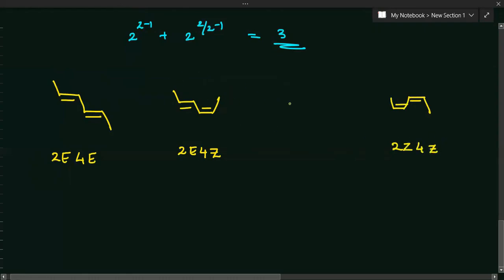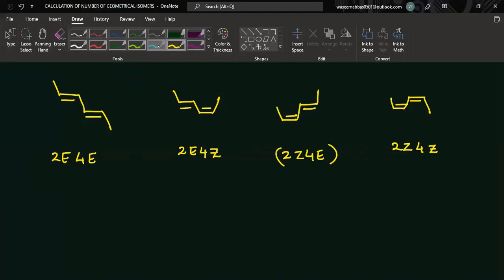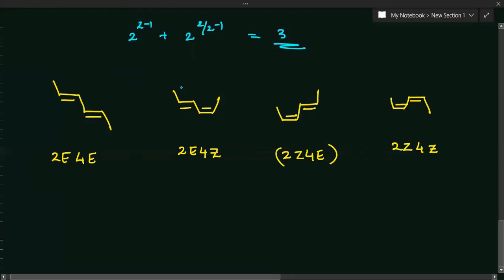Now students will get confused with this here. They think that we can also represent it in this way, 2Z4E. Actually, which is wrong here. Here I can number this compound from both the ways. If I number from this, it's 1, 2, 3, 4, 5, 6.